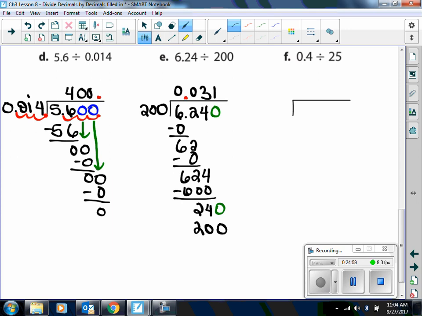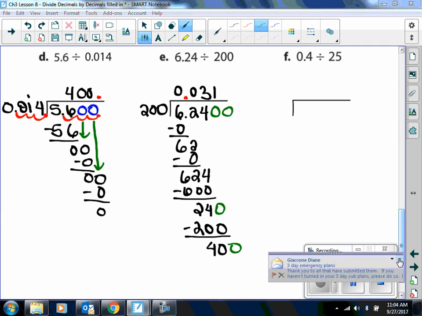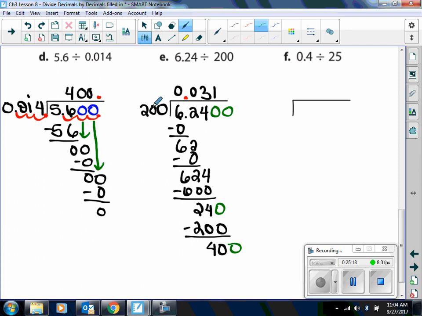And now we subtract again. So there's my 40. And then we're going to annex another 0, and then we're going to bring that down. You guys, if it helps to write the arrows like over here, go ahead and write the arrows over there, okay? So how many times does 200 go into 400? 2 times. So 2 times 200 is 400.